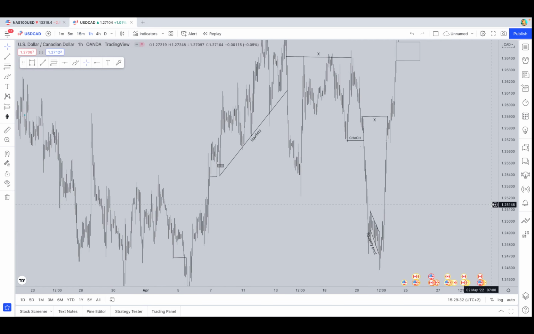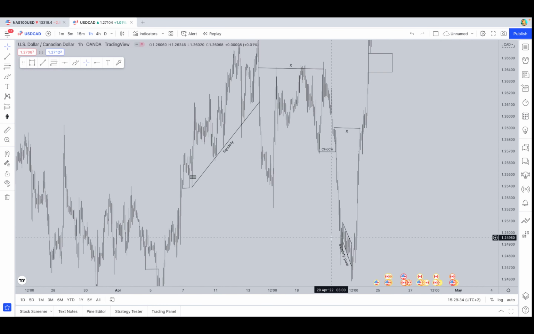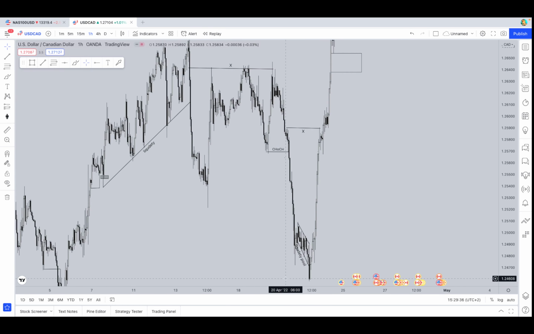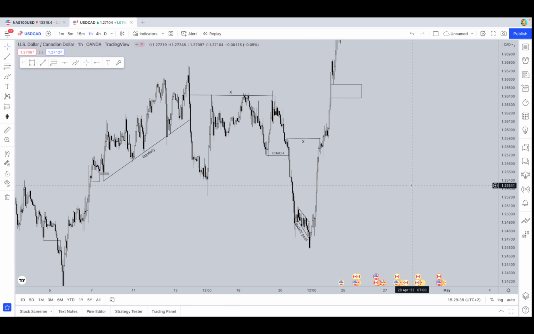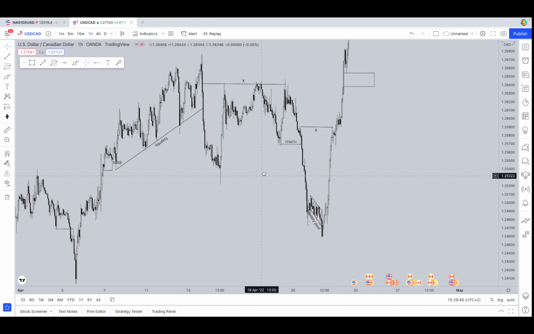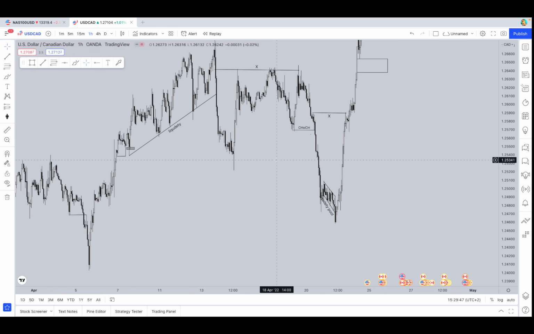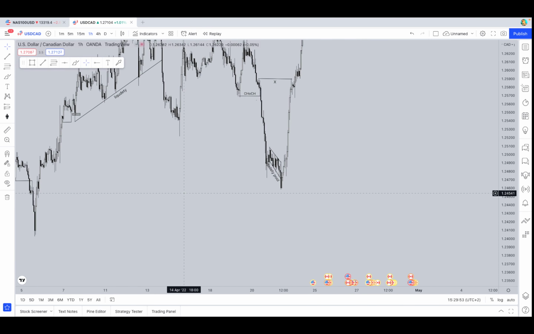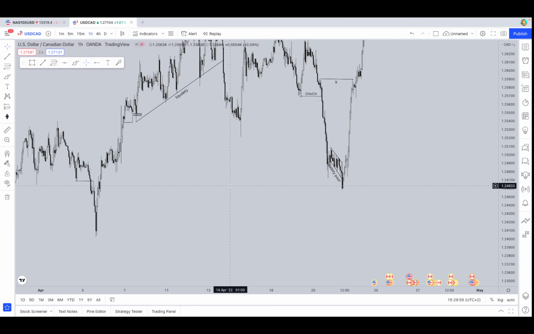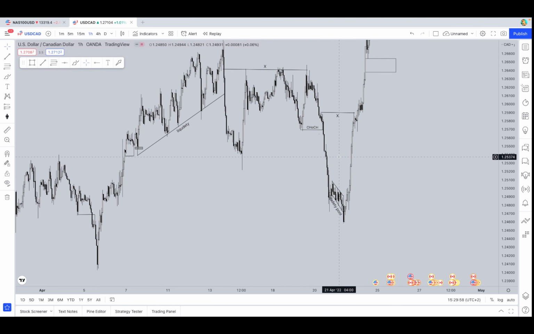In my eyes, when the banks want to make moves, they play a game of search and destroy, where they find liquidity, destroy the liquidity, destroy the retail traders, and then fund their own trades and go crazy from there. They grab the liquidity, close positions, and then go straight through the skies.